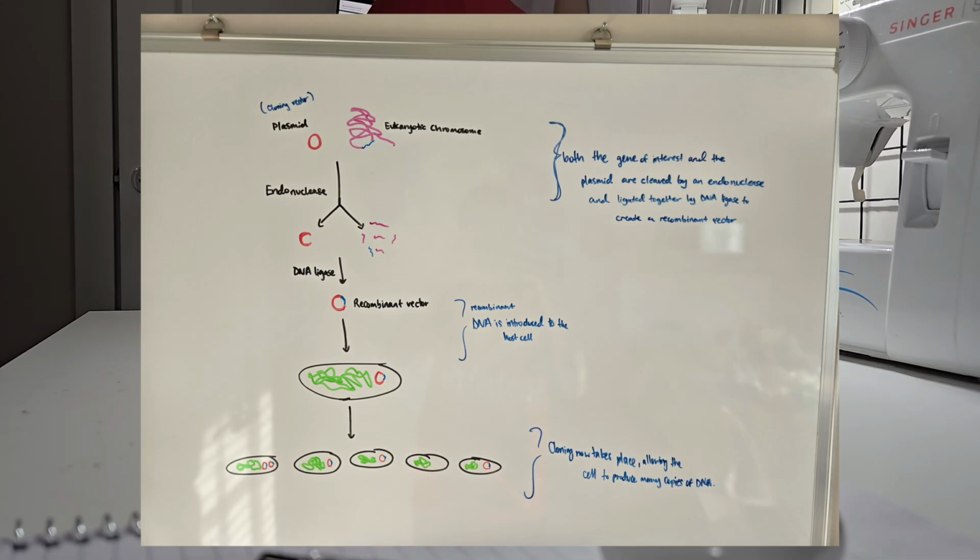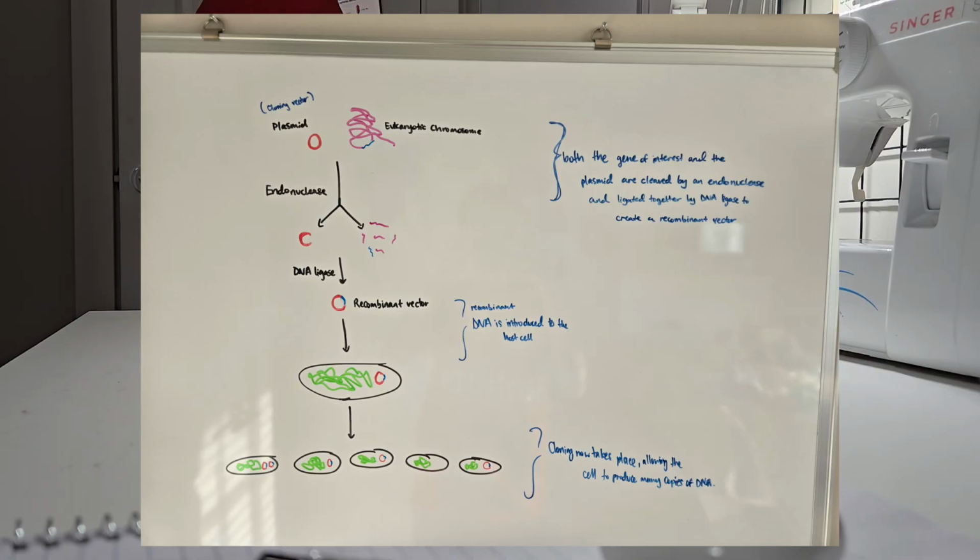Once you have cut both the plasmid and the eukaryotic chromosome, DNA ligase will come in and glue them together. So it'll take the gene of choice and the cut up plasmid and put them together to get a recombinant vector. We got the word vector because a plasmid is also called a cloning vector. So you get a recombinant vector because you are combining both pieces of DNA.